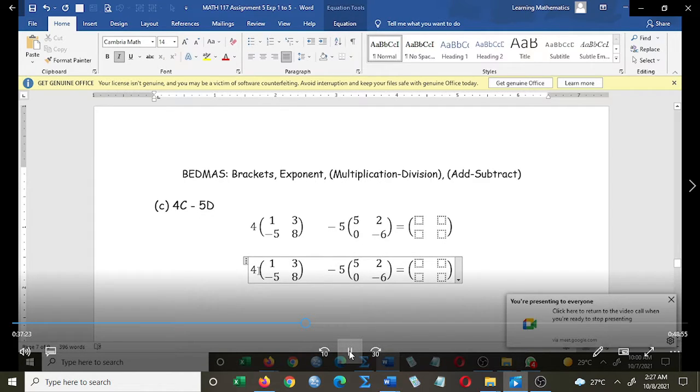So, take that 4 and multiply it to the 1.